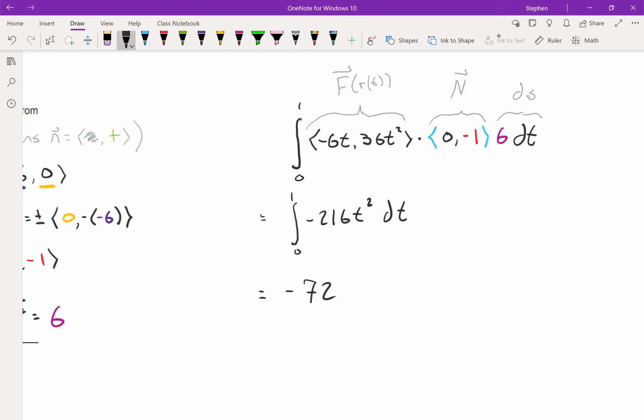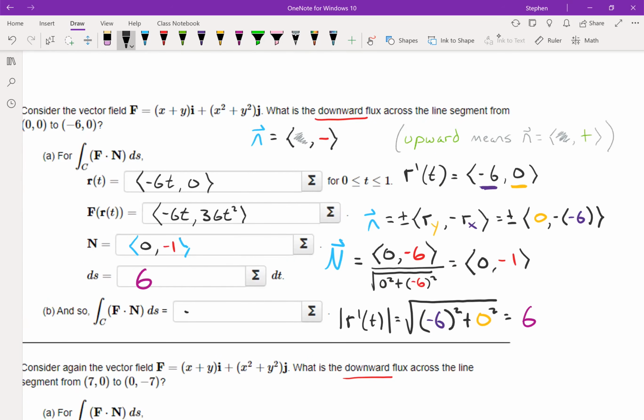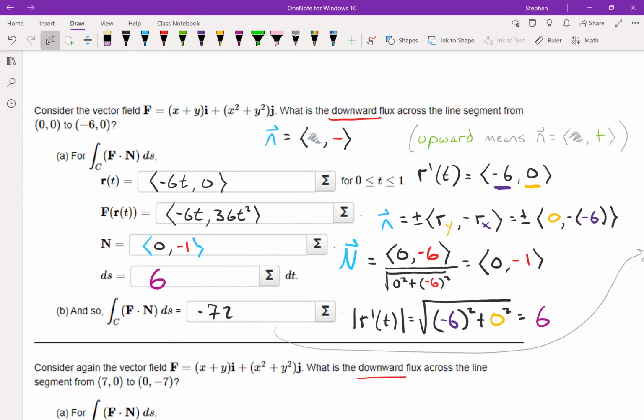And then integrate that thing, plug in 0 and 1. I got -72. So -72 will pop in right there. And I'll have an arrow saying, hey, look over here. All right, let's try that whole mess again.